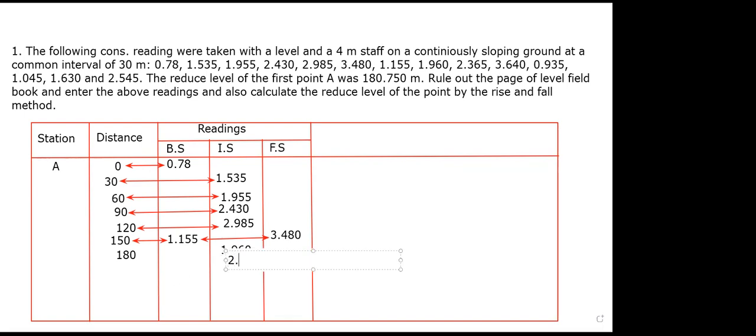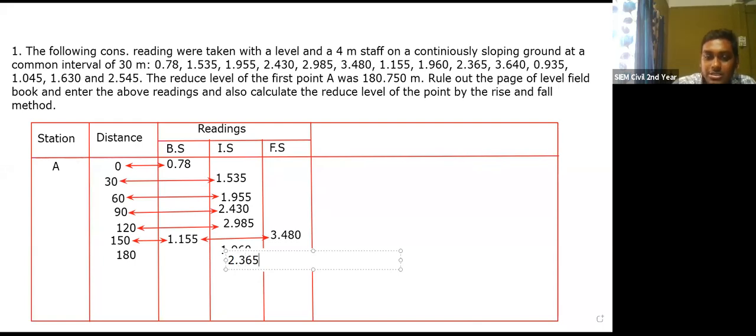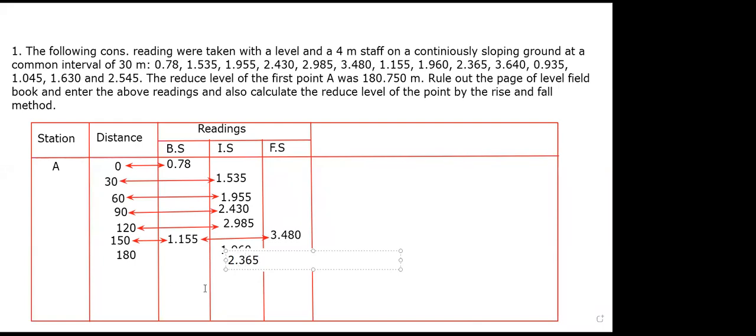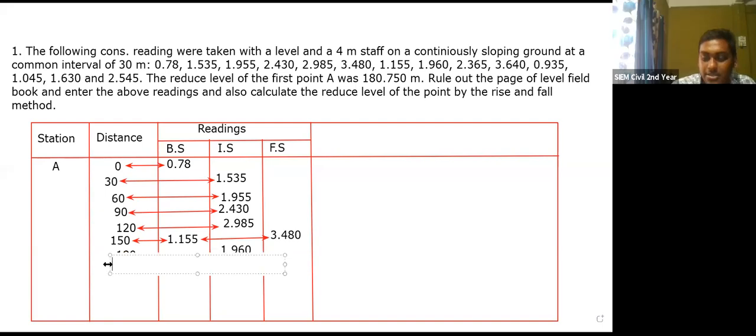So 2.365 के लिए जो डिस्टेंस होगा 210. So for 180, it is 1.960, and for 210, the IS value is 2.365.